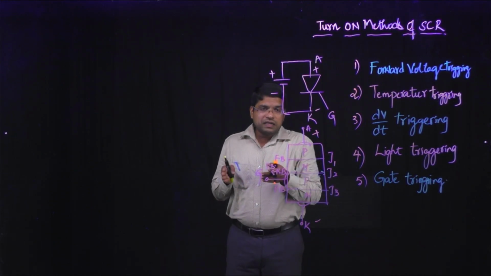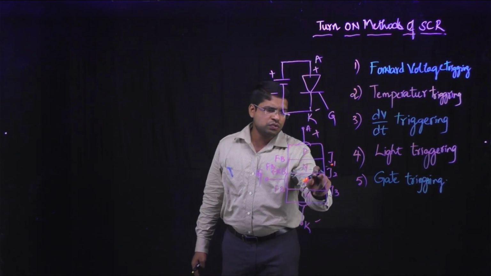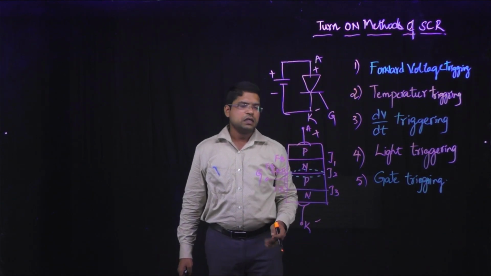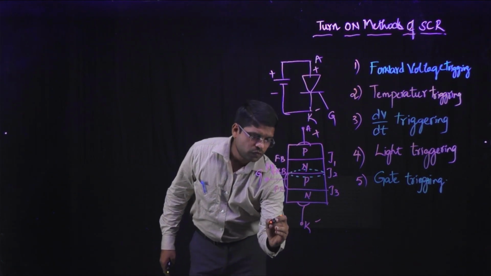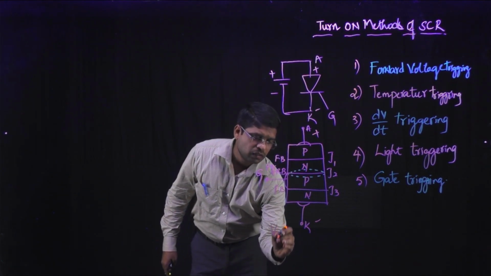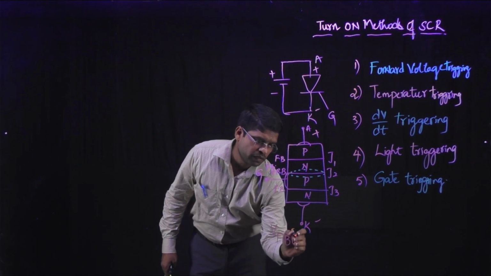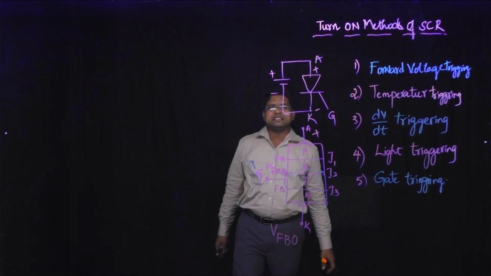The forward voltage at which the J2 depletion layer vanishes is called the avalanche breakdown voltage, or the forward breakover voltage, FBO. So this is called forward voltage triggering.